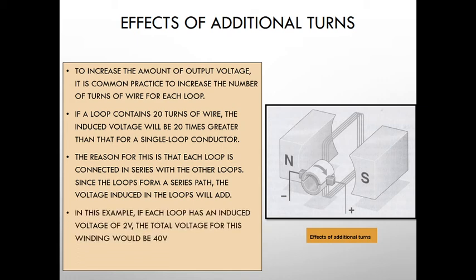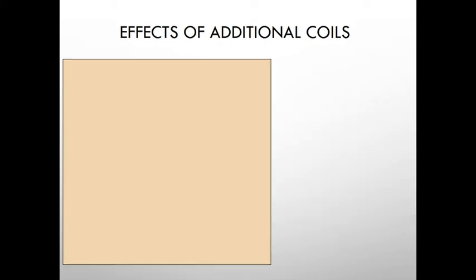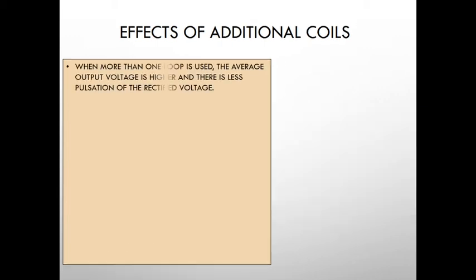So kung tag 2 volts ang kada coil, so all in all, naa tay 40 volts nga output, 40 volts nga induced EMF. That is the result of additional turns. Effects of additional coil.